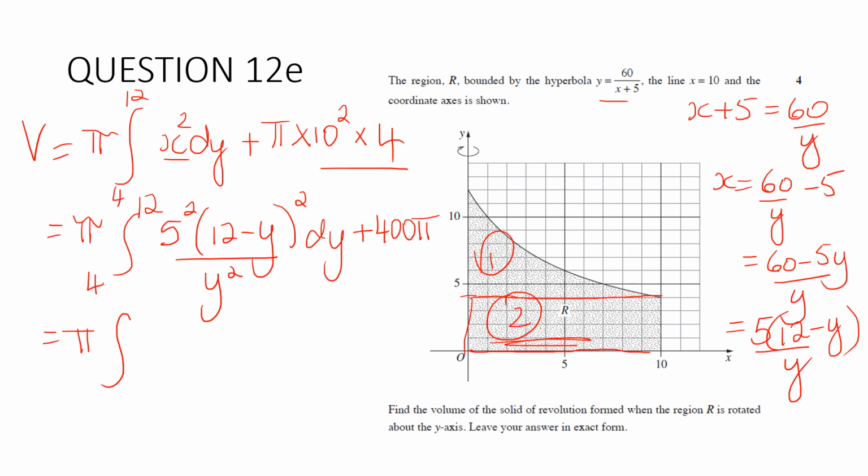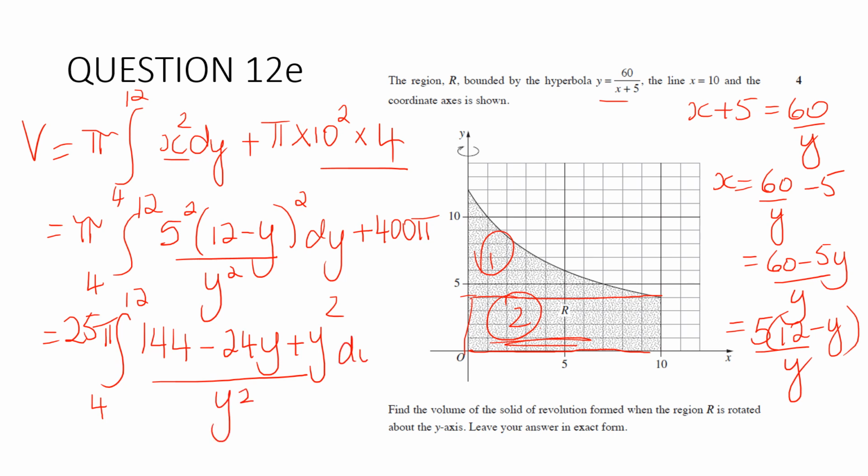I'm going to actually take that 25 out. 25 pi integral between 4 and 12, expanding that numerator, (144 minus 24y plus y squared) all over y squared dy plus 400 pi.